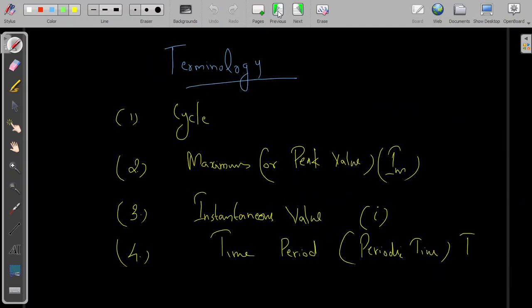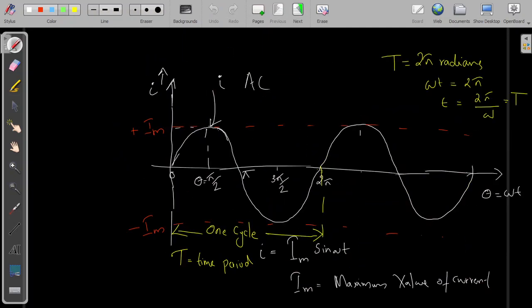I'm going back to my waveform here. So here I'm taking so many instantaneous values. Let it be this: at this theta, that is theta 1, we have I1, we have I2, I3, I4, I5, etc., IN.